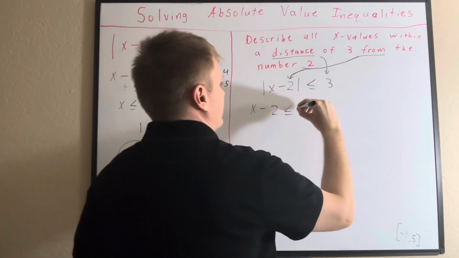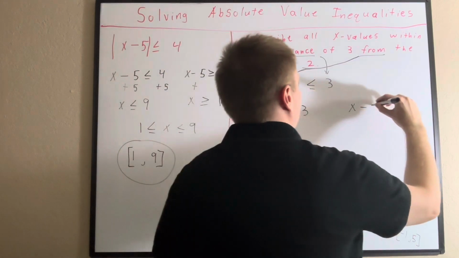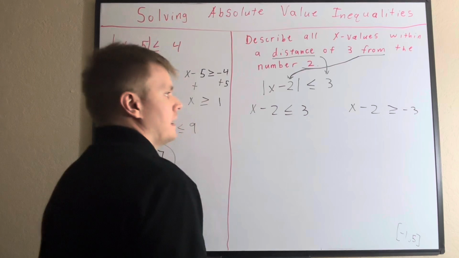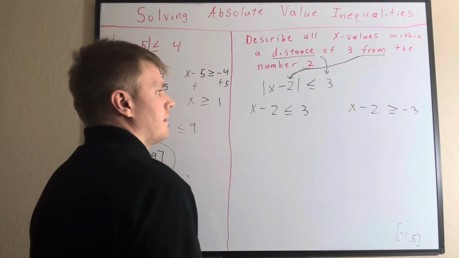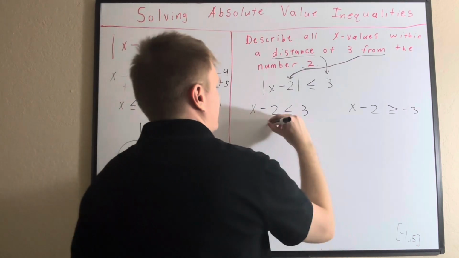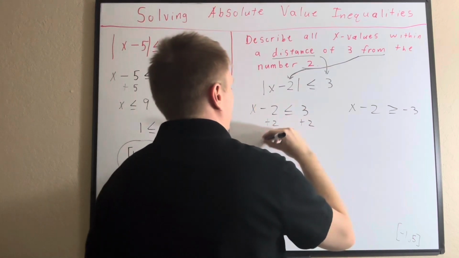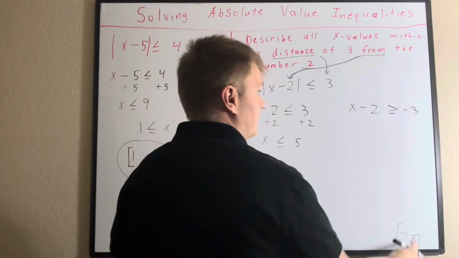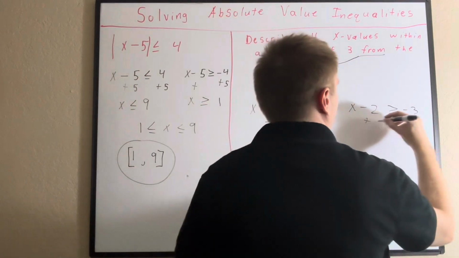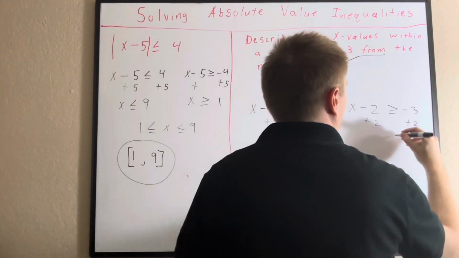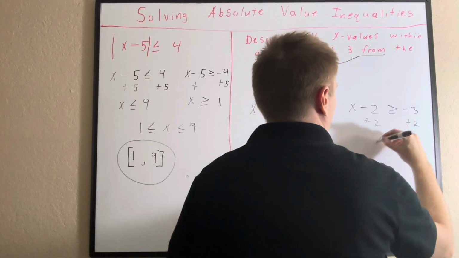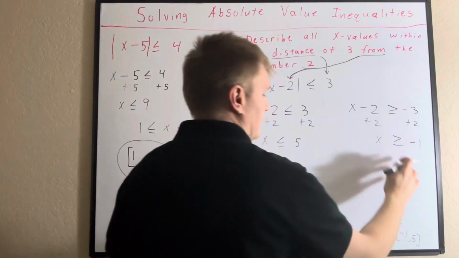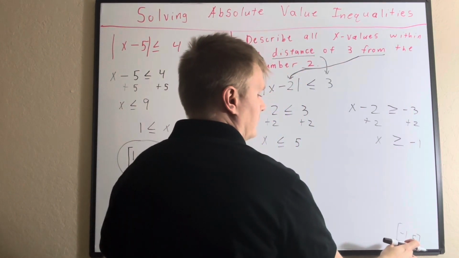So x minus 2 is less than or equal to 3, and x minus 2 is greater than or equal to -3. Okay, add 2 to both sides. x is less than or equal to 5. That's part of it. Add 2 to both sides. -3 plus 2 is -1. x is greater than or equal to -1.